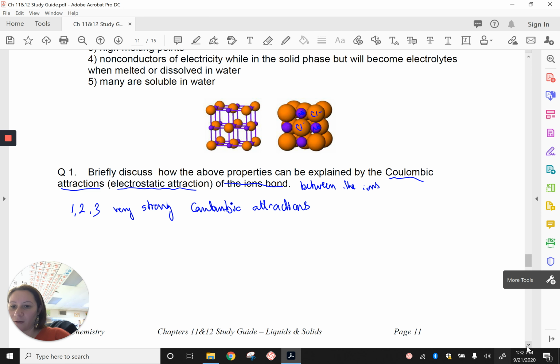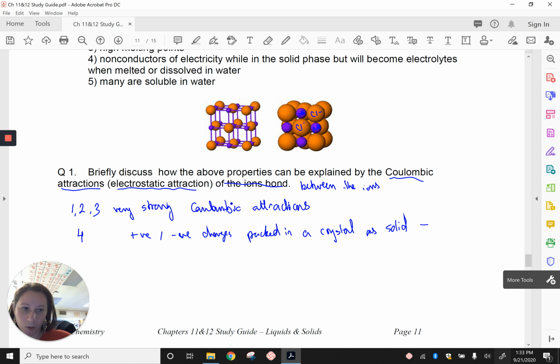So what we just talked about, we have these positive and negative charges, but they are packed in a crystal as a solid, and you get a neutral compound, right? Your crystal is all neutral. However, when you dissolve it or you melt it, the ions are free to move around, so then you get separation of charges and it can conduct electricity.